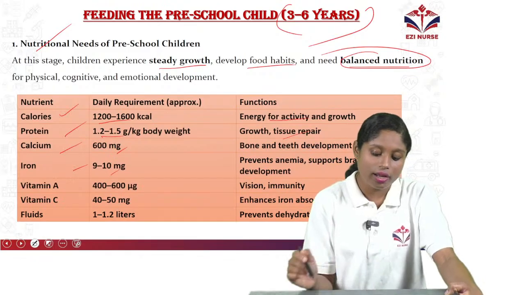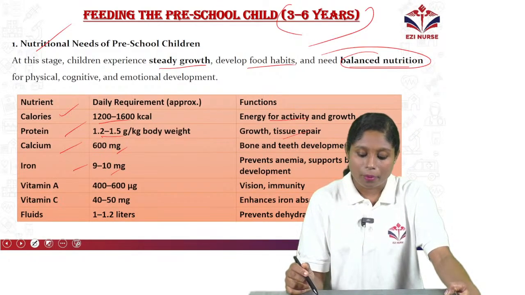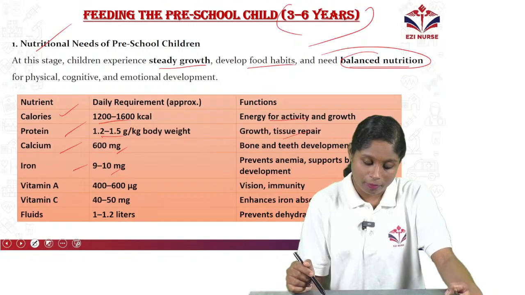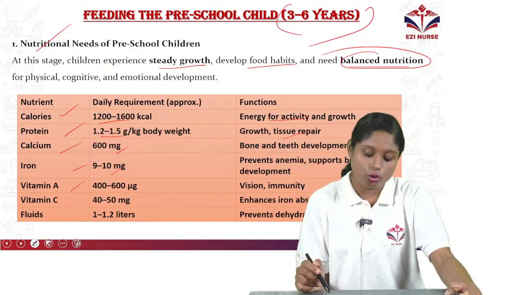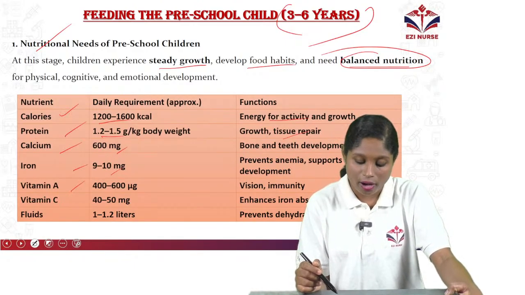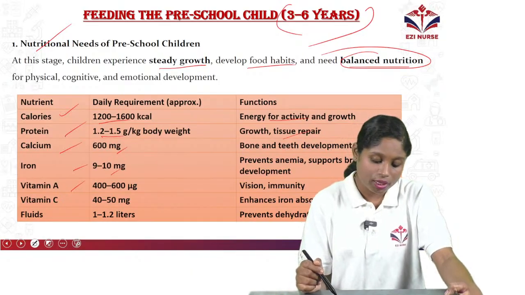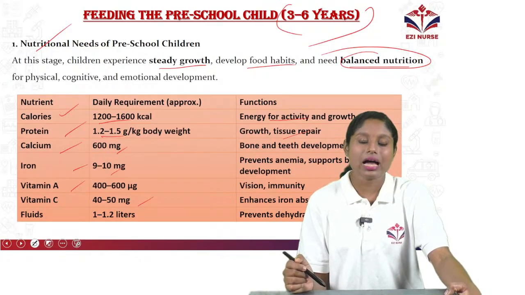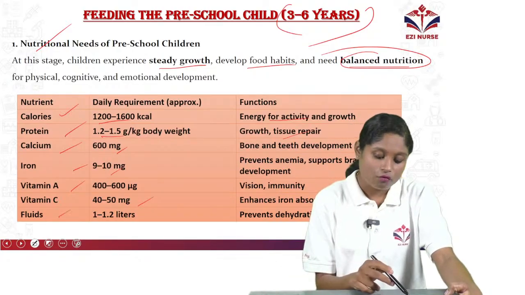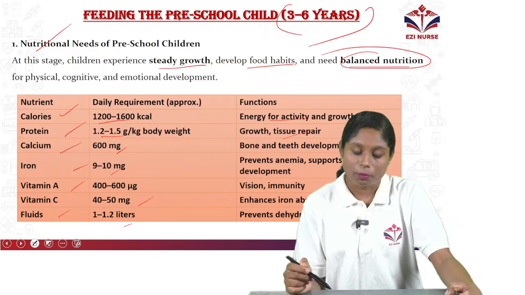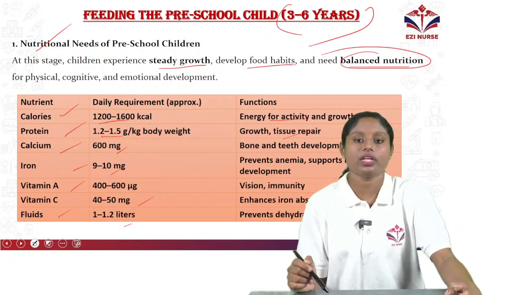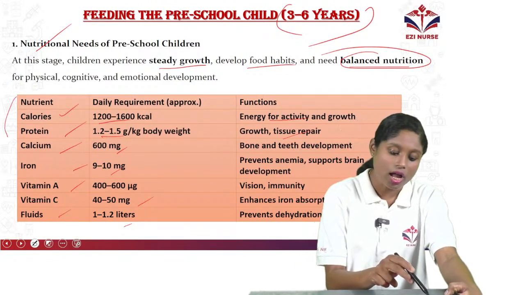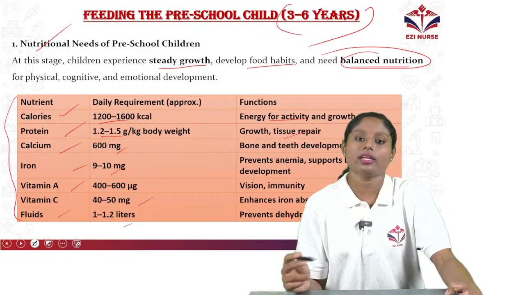Iron, 9 to 10 mg, preventing anemia and supporting brain development. Vitamin A, 400 to 600 microgram, for vision and immunity. Vitamin C, 40 to 50 mg, enhances iron absorption and immunity. Fluids, 1 to 1.2 liter per day, for preventing dehydration. So these are the daily nutrient requirements and their functions.